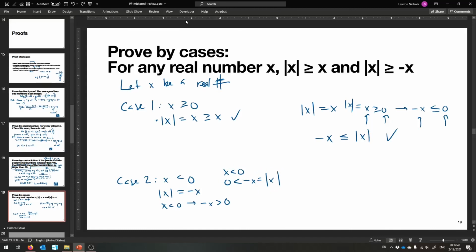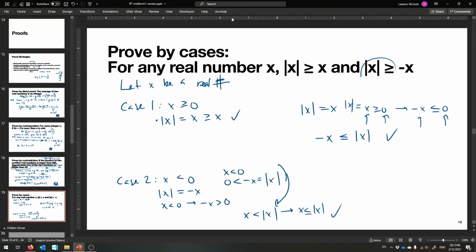Bringing both of these together, we combine those into x is less than absolute value of x. And of course, it's also less than or equal to, which implies x is less than or equal to absolute value of x, which is what we needed. That's the first part. Check.